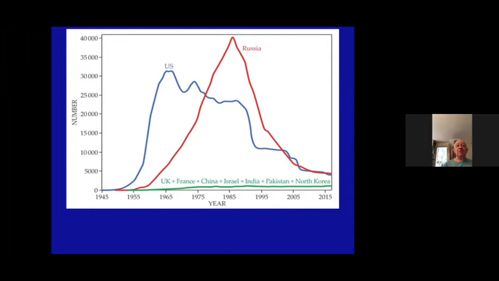We can see that the US reached 30,000 atomic weapons, many of them hydrogen bombs, as did Russia, even more.